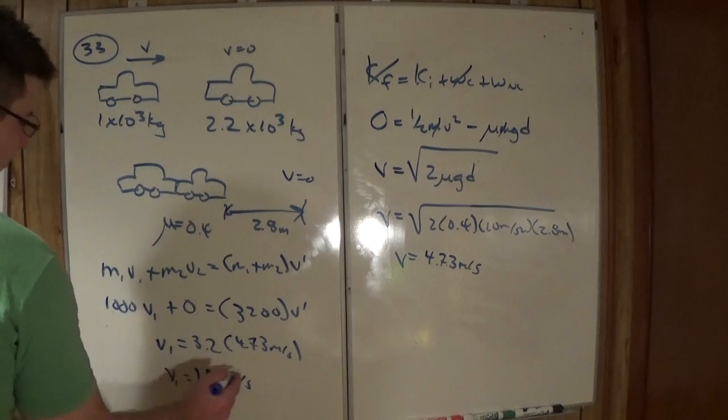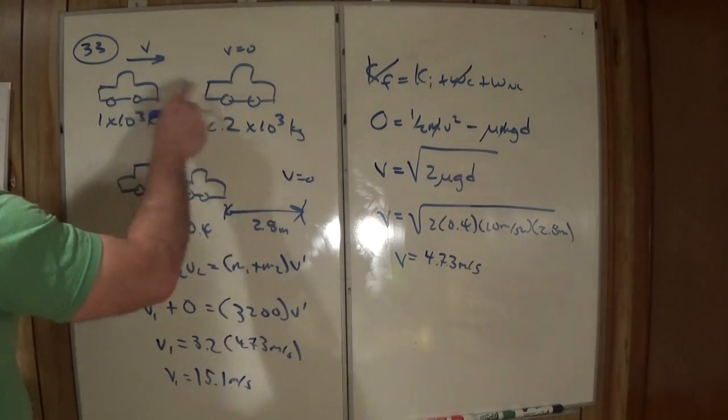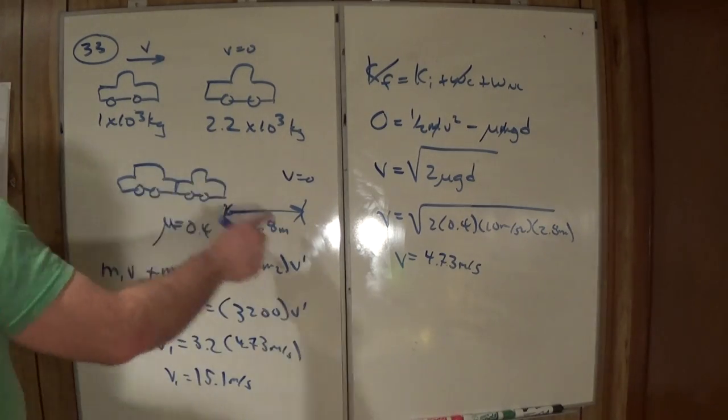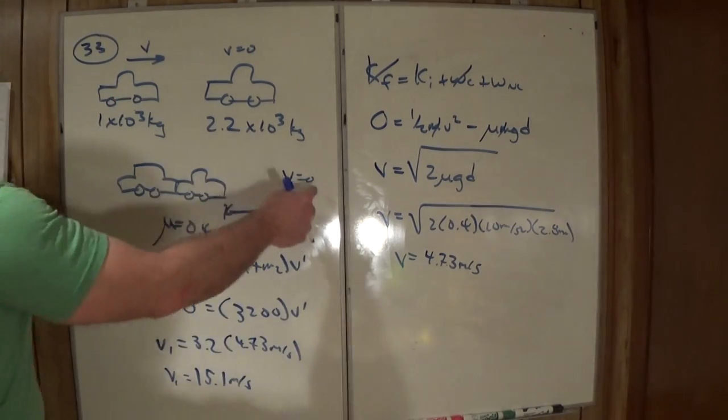Okay, so this is our final answer. This was the velocity of that car before it hit that one, and then they locked together, slid for 2.8 meters with a starting velocity of 4.73, ending with a velocity of 0.